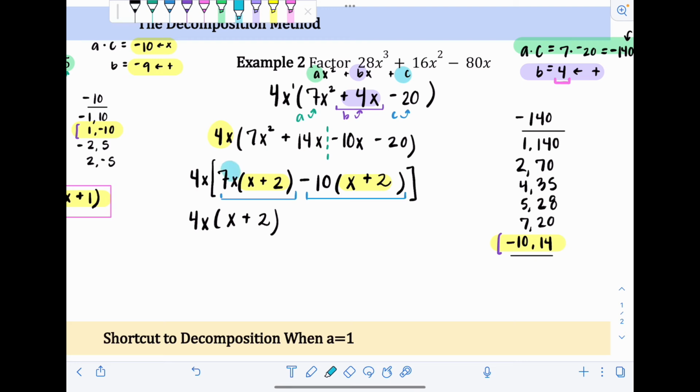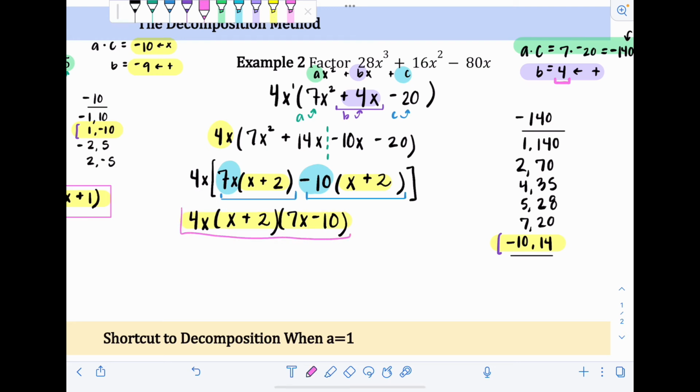And then next, I have left over 7x and a minus 10. That's going to go inside of its own parentheses. So 7x minus 10. So my final answer is 4x times x plus 2 times 7x minus 10.